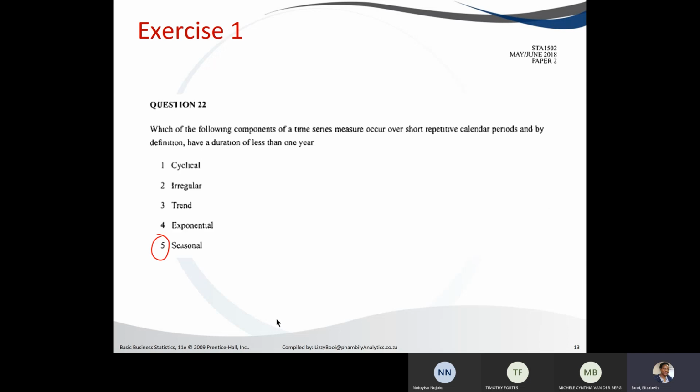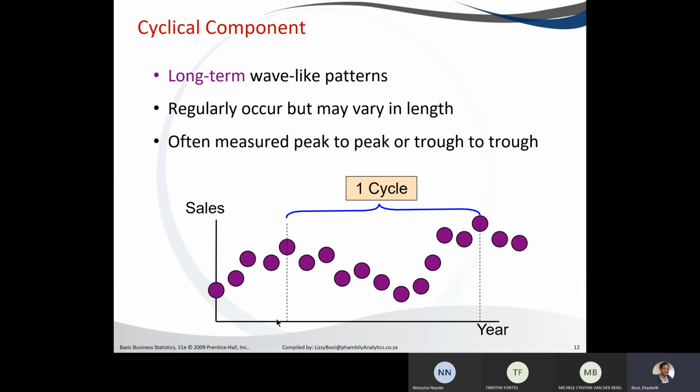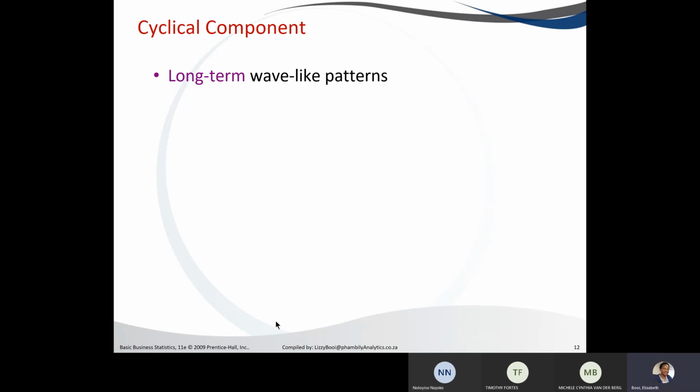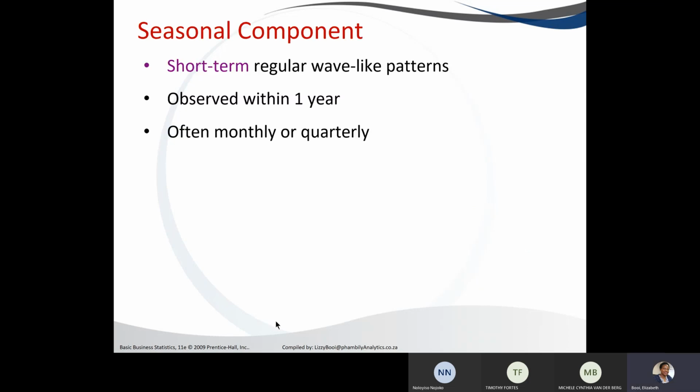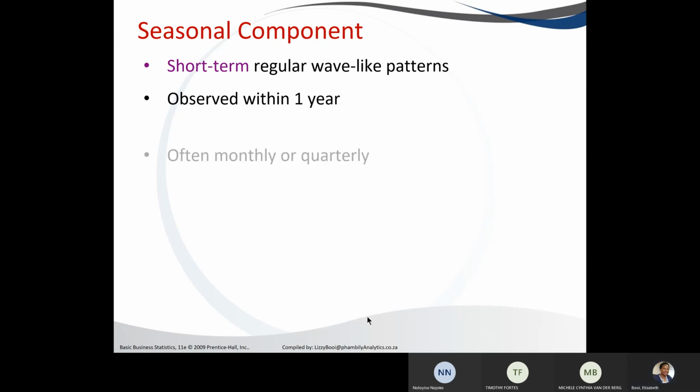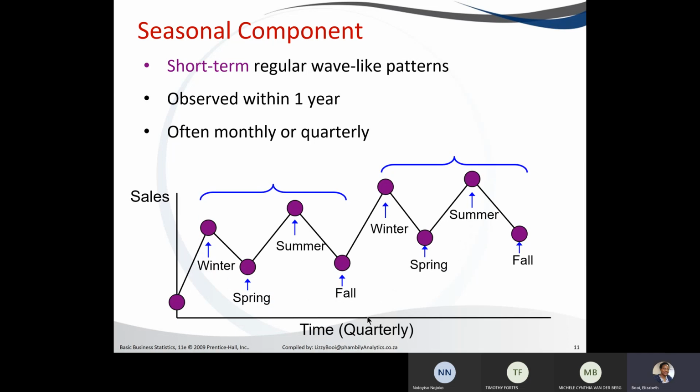To remind you of some of the time series components: cyclical is a long-term pattern. And seasonal, we know that seasonal is observed within a year, and it is of a short period of time.